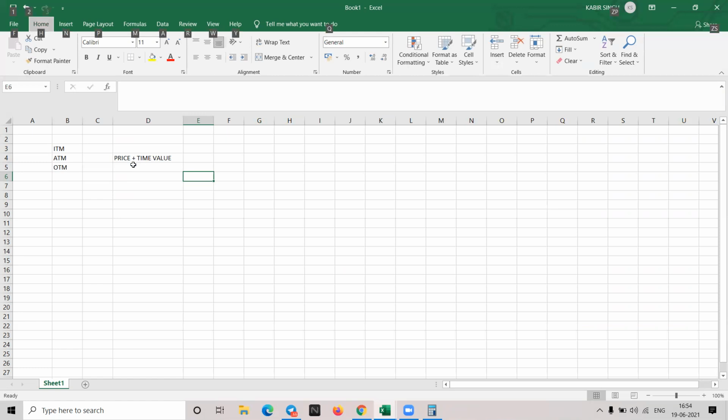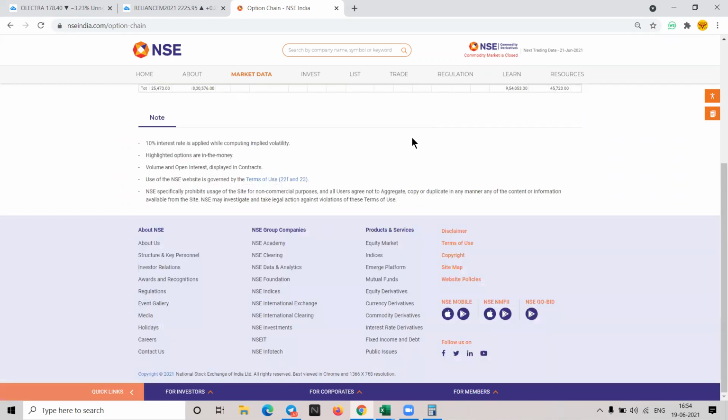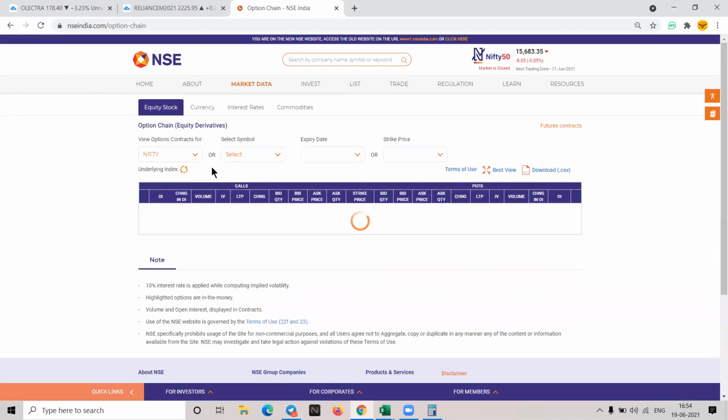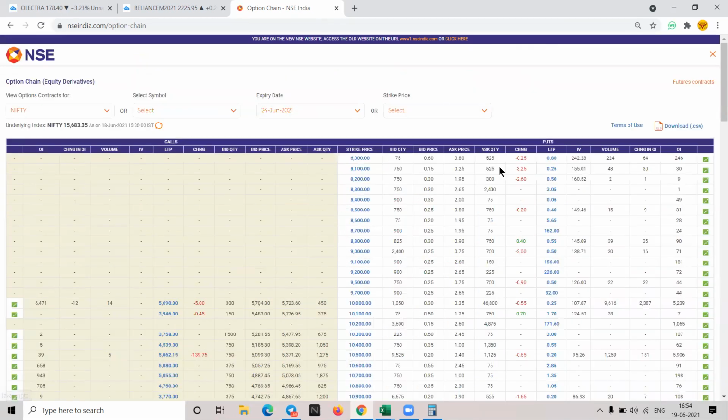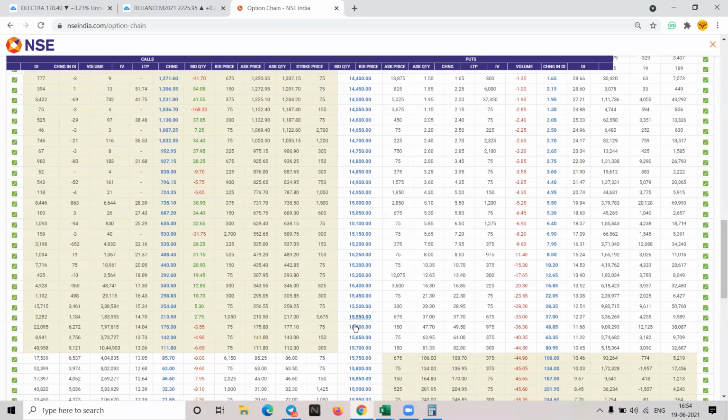Okay. Price value, how it is calculated. Understand, if Nifty is 100 points above 15,600. So if you just look here, Nifty is at present 15,700, and at 15,600 the value of the contract is 175.